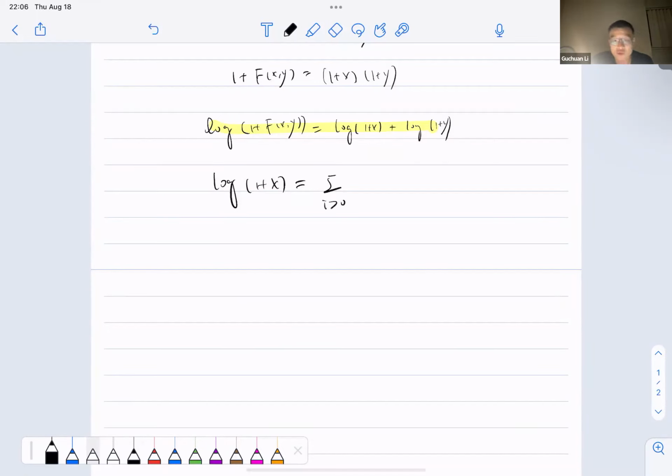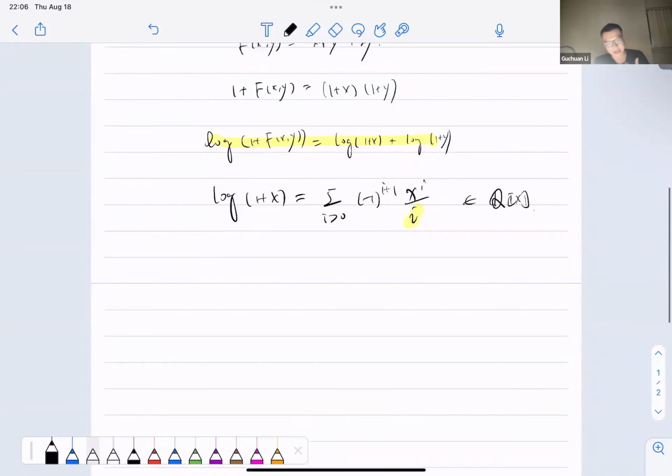So you just formally write down the Taylor expansion for the logarithm function, and then you will have this one. Notice that you get denominators, so this does not live over the integers; it is in the rational part.